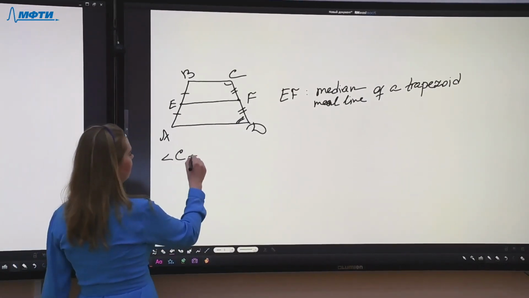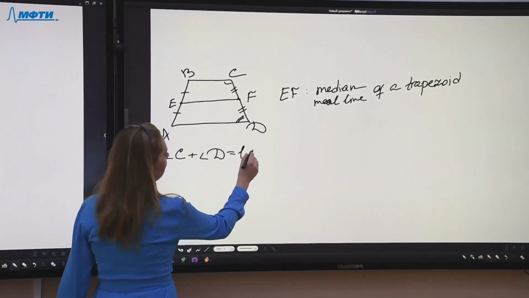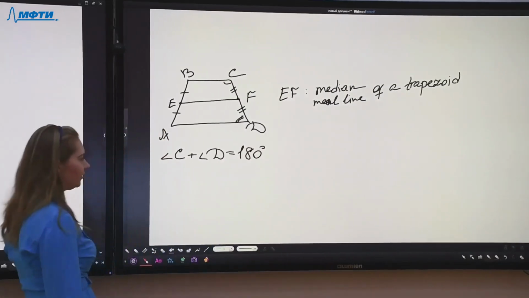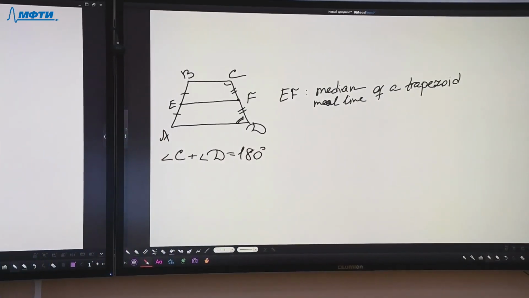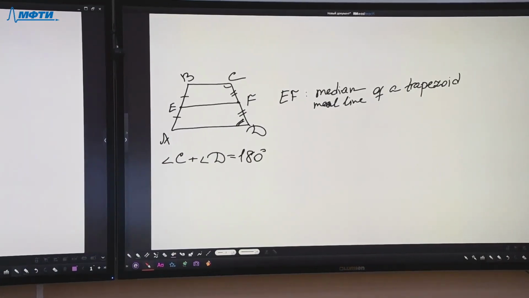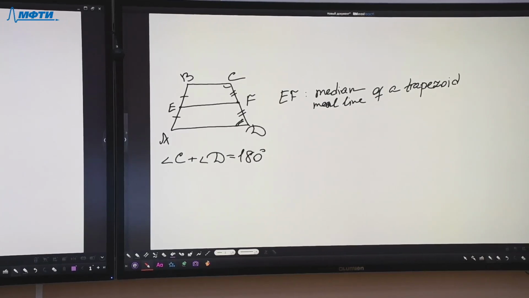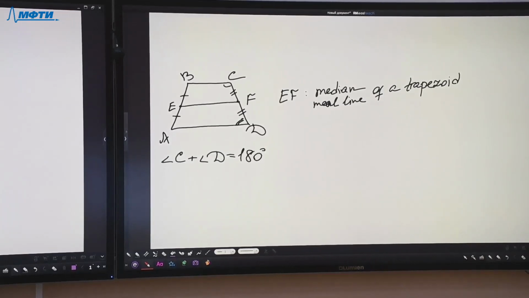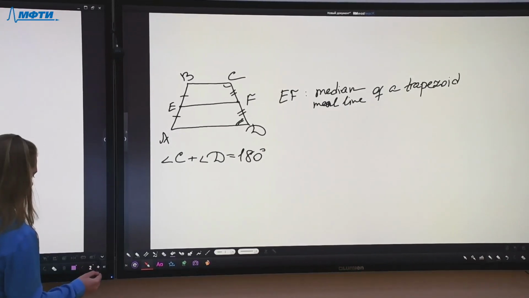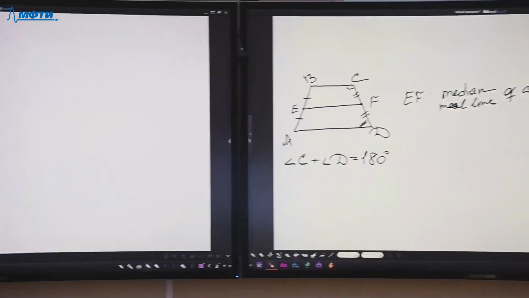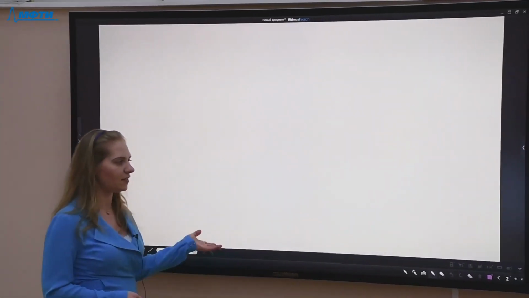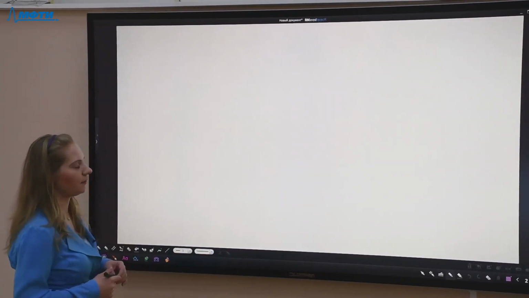So angle C plus angle D is 180 degrees. Well, that's it about a trapezoid. At your practical classes, you can solve some problems in this topic.